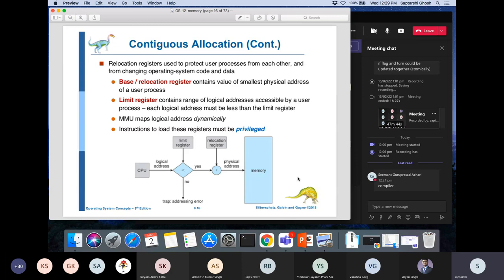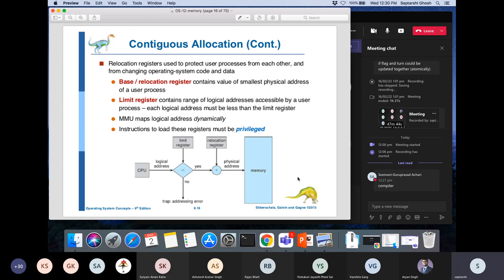Then we use the same technique as earlier: every logical address generated by the CPU will be added to the relocation register, and then it will be checked whether it is inside the limit. So relocation register plus limit register, it will be checked. And if yes, then the physical address will be generated to access the memory.